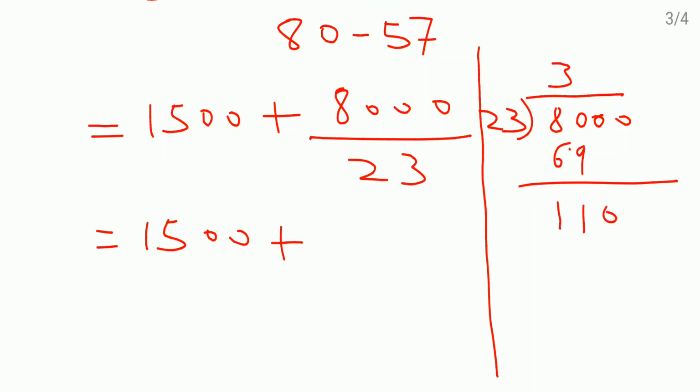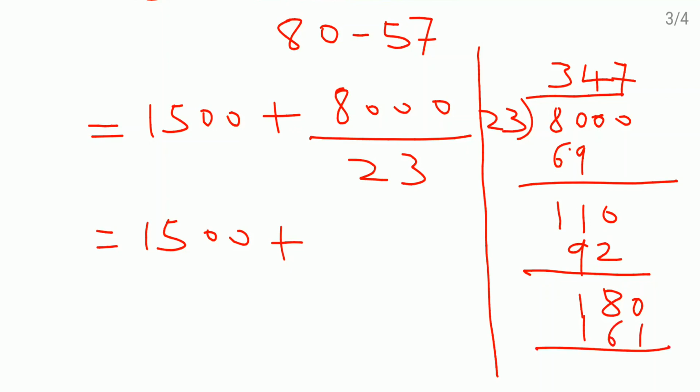So 1 0 will come down. 23 4s are 92. So this is 92 here. 10 minus 9 is 1. 1 0 will come down here. Now 23 7s comes as 161.